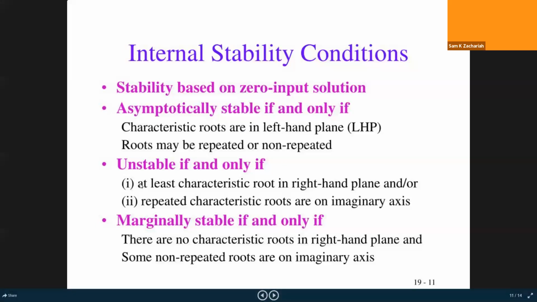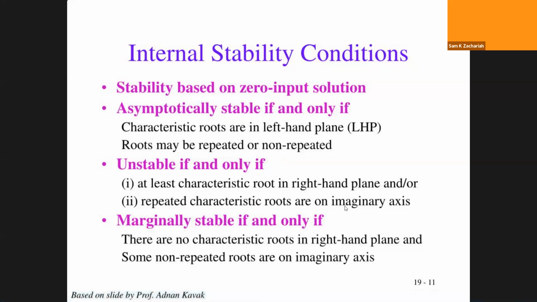S plane. Unstable if and only if at least one characteristic root is in the right half of S plane, or there are repeated roots on the imaginary axis. For example, imaginary axis roots means s is equal to plus j omega 1, s is equal to minus j omega 1.